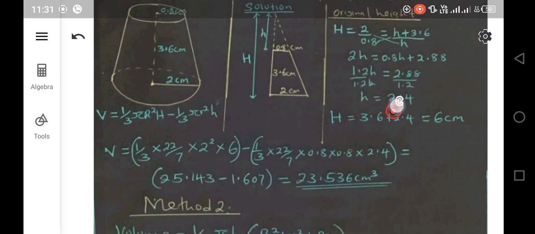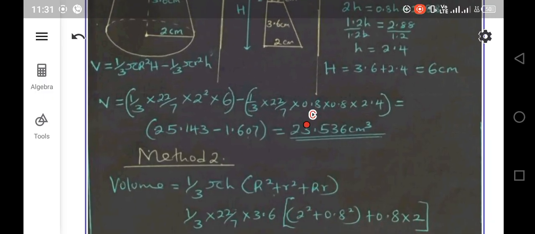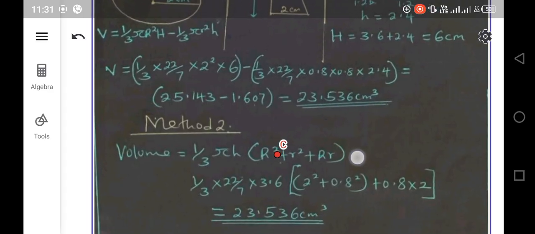So you can see the difference: the original height 6 is from here up to up, and the small height 2.4 is from here up to up. Now whenever you do that multiplication and subtract, you get 23.536 cubic centimeters.